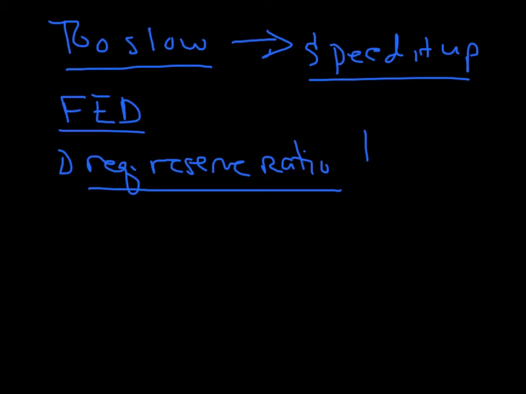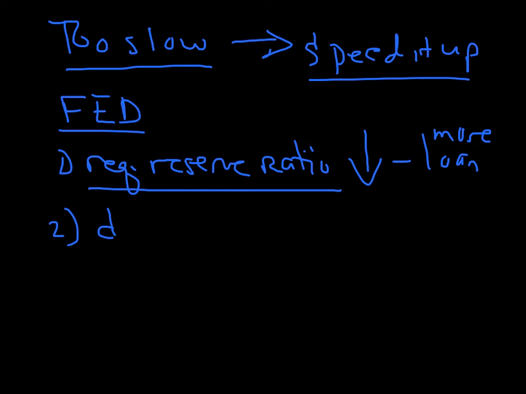So if they lower the required reserve ratio, that would make sense, because if the Fed requires the banks to hold less money, the banks can loan more. Anytime more money is loaned, that results in an increase in spending and speeds up the economy.